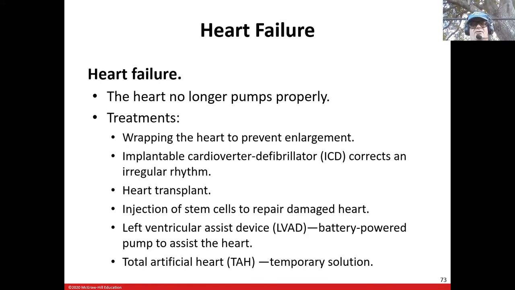They could do a heart transplant. Injection of stem cells, that's the one I already talked about. Left ventricular assist device, adding a mechanical pump to help the physical pump, the biological pump of the heart, so you can move more blood.